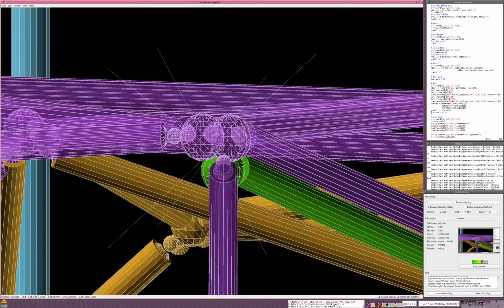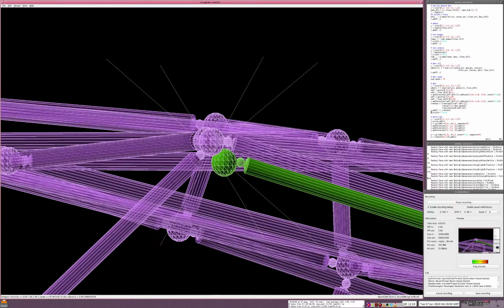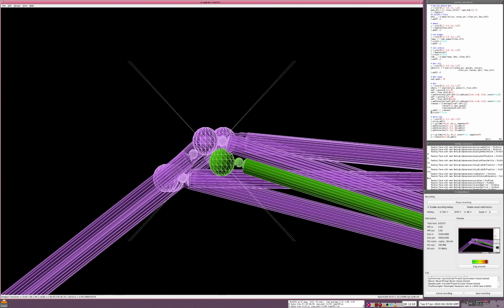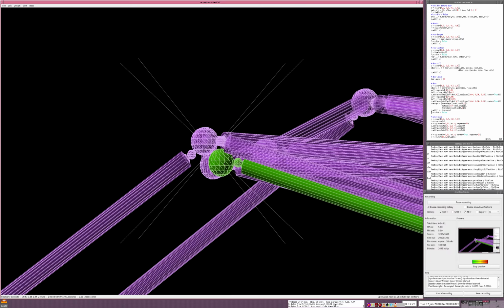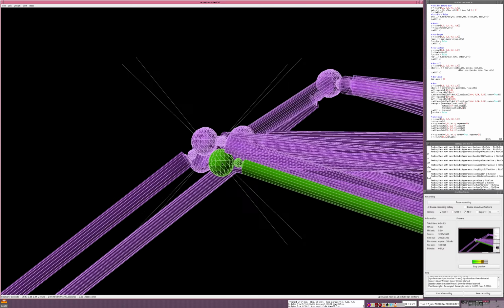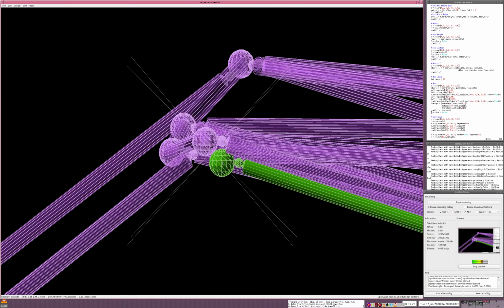And the way that this node and pipe system works is that I've created an auto joint system where it will work out the most convenient location that the joint should be on.